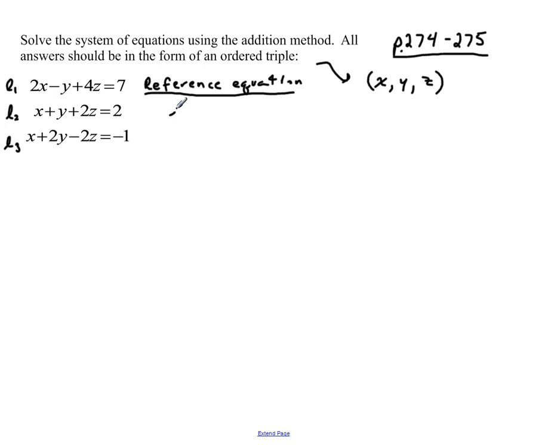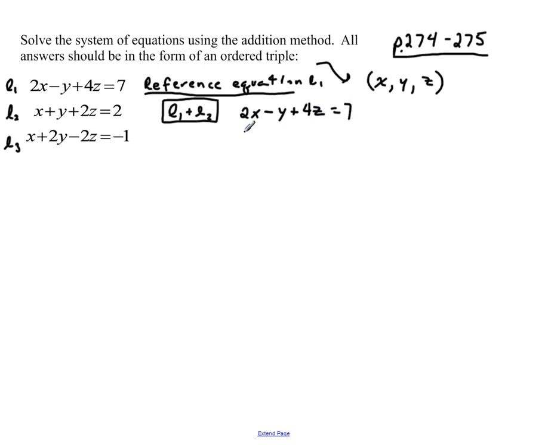Let's take line 1 and just directly add line 2. I just label this off to the side. Let's see, what does that look like? Well, 2x minus y plus 4z will equal 7.